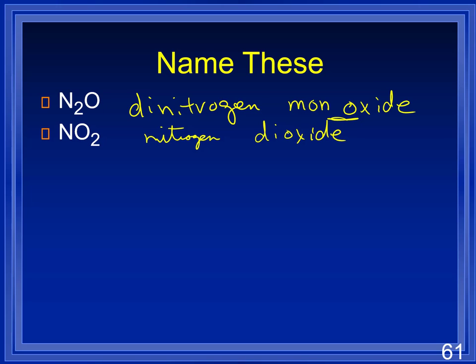So dinitrogen monoxide, 2 nitrogens, 1 oxygen. Nitrogen dioxide, nitrogen and 2 oxygens. Pretty simple, isn't it? The only way it gets worse is you've got to try to pronounce these things. So they're easy to write, they're a pain to pronounce.